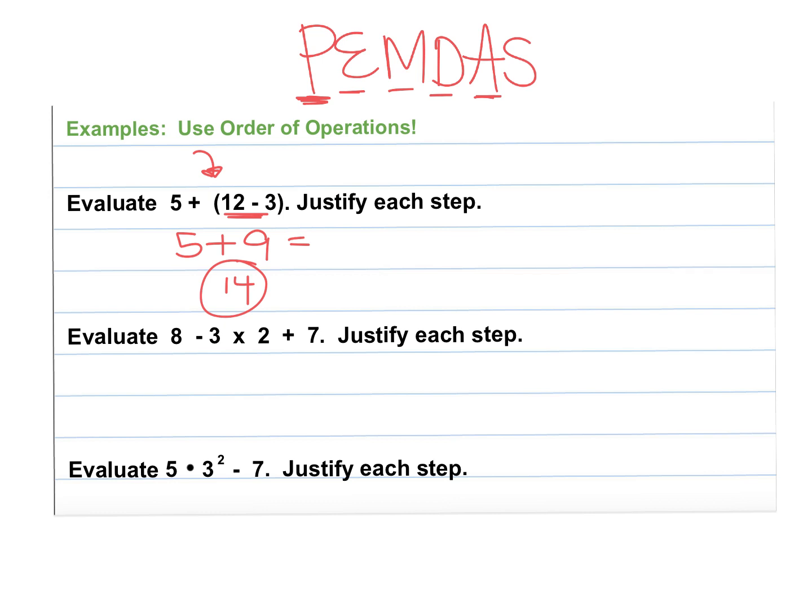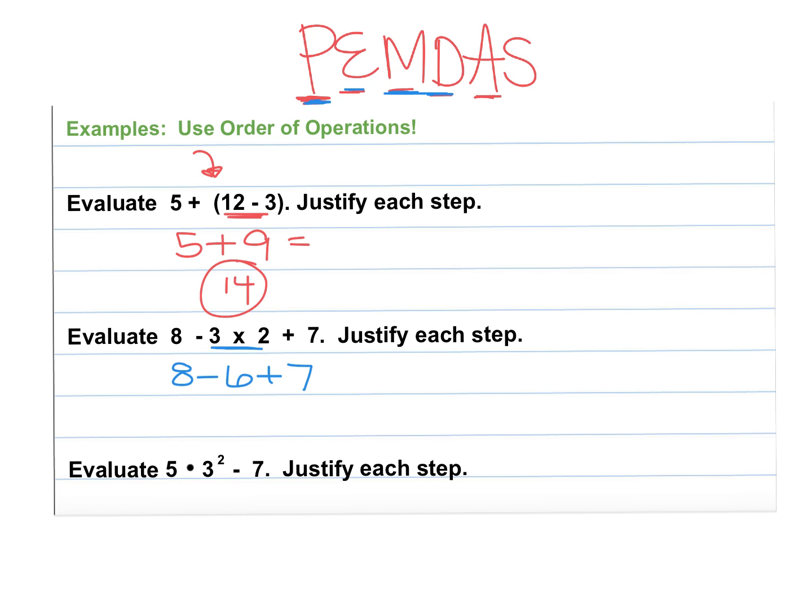Okay, next one. 8 minus 3 times 2 plus 7. So I look, I don't have parentheses, I don't have exponents, I have multiplication. And remember, multiplication and division are the same step. I only have multiplication, so I'm going to solve that first. So 8 minus 6 plus 7. Notice how I rewrote everything else nice and neatly that I haven't done yet.